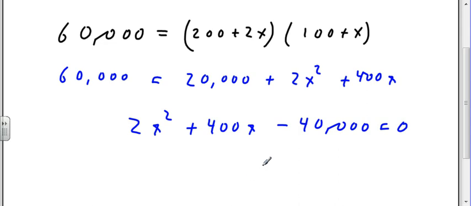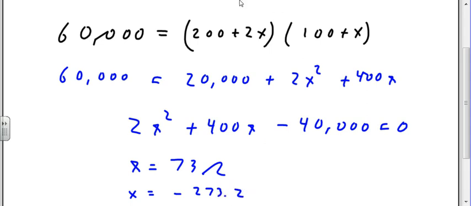I can probably factor that, but I'm not going to even try. I'm just going to put it in my calculator and see what it says, because I haven't done that yet today. Polynomial solver. So I've got a 2, I've got a 400, I've got a minus 40,000. And it says that x could be 73.2, or x could be minus 273.2.